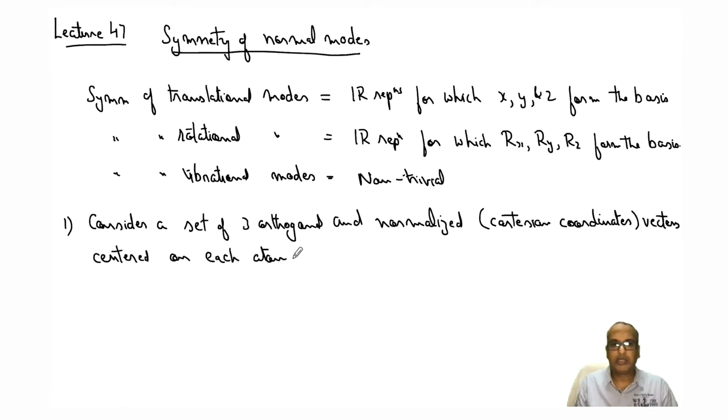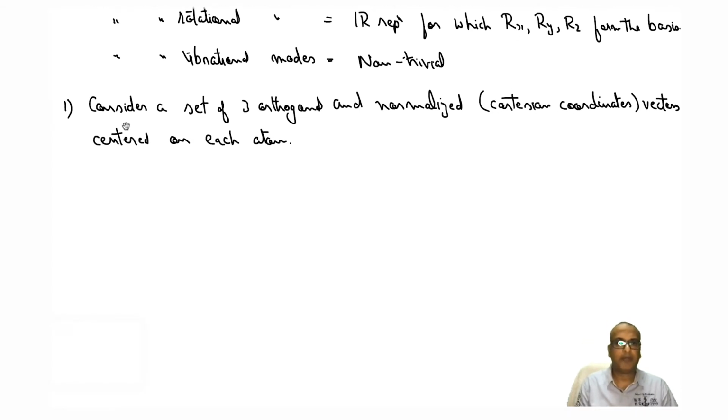We will go through this step by step, but let us first see what are the steps involved. All of this which we are doing is to find out the symmetry of vibrational modes. So first you have to consider a set of three vectors which are orthogonal and normalized, that is Cartesian coordinates, which will be centered on each atom. Okay, so that would mean that if there are n atoms, there would be 3n such vectors, right?